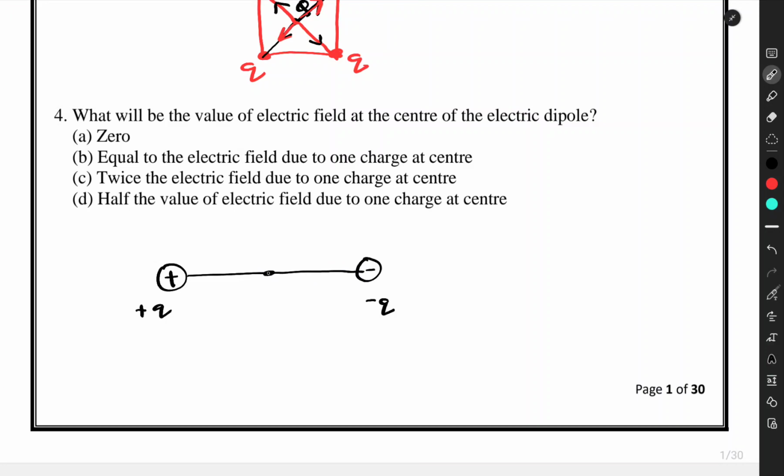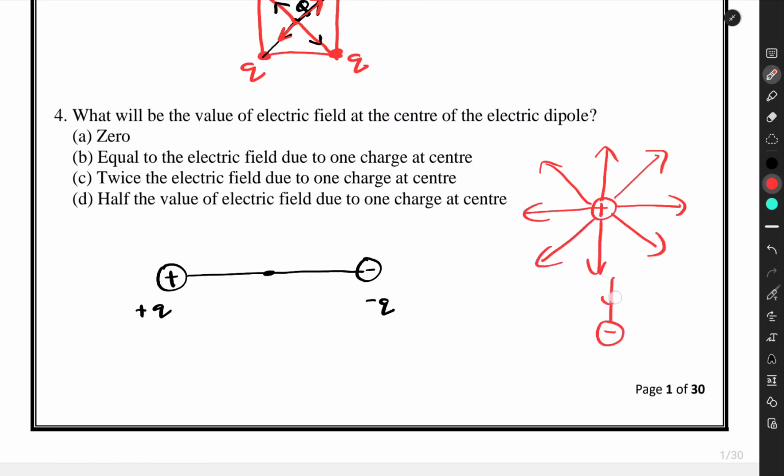At the center, what is the electric field? See, we have already studied that due to a positive charge, electric field lines are radially outwards. If not, you have to study the theory part, otherwise you can't solve CET questions. Now here we have a positive charge and a negative charge. For a negative charge, electric field lines are directed radially inwards.